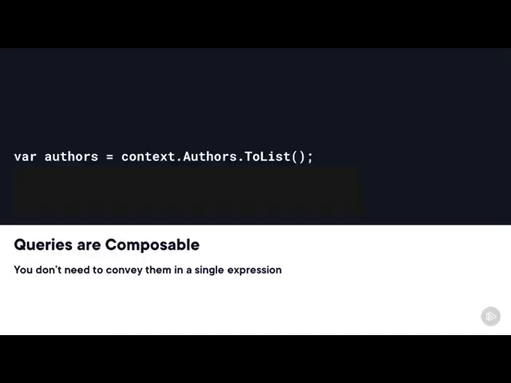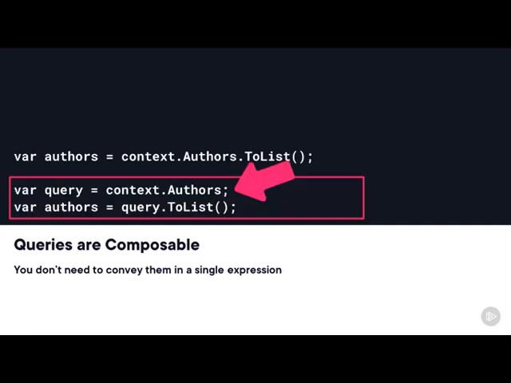Queries are composable, so you don't have to express the entire query in one go. You can break them apart if you have a complicated expression to work out or even to defer query execution. And here's an example of that where I define the query in one variable and then in another statement, I modify the query, or I can append a LINQ execution method to it. You may be wondering, where's the query?